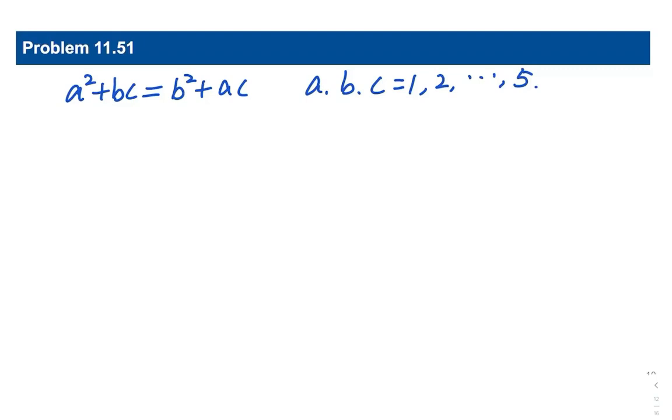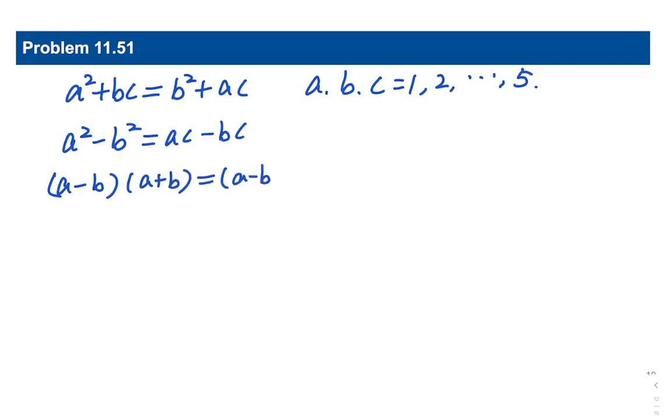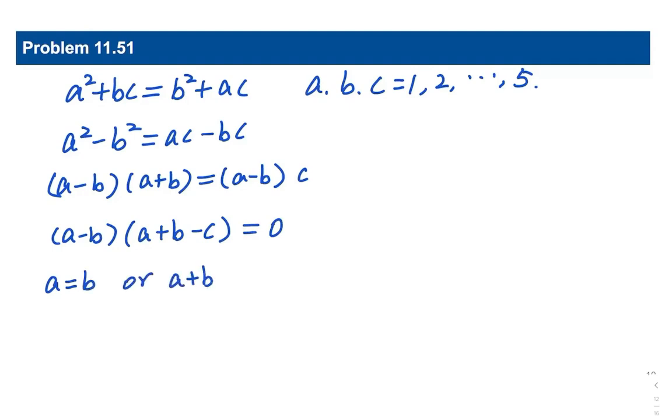Let's rewrite this equation as a squared minus b squared equals ac minus bc. Then we have a minus b times a plus b equals a minus b times c, which is a minus b times a plus b minus c equals 0. We either have a equals b or a plus b equals c.